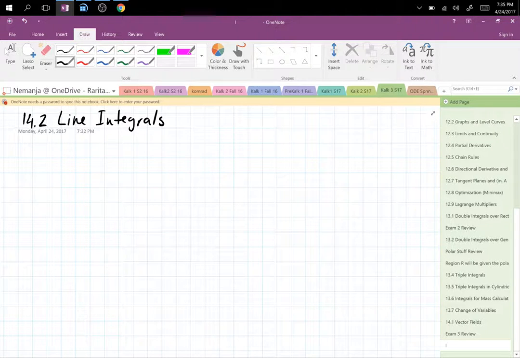So, line integrals. What are we talking about? Line integrals, right? So far, the integrals were done in 2-dimension and 3-dimension.